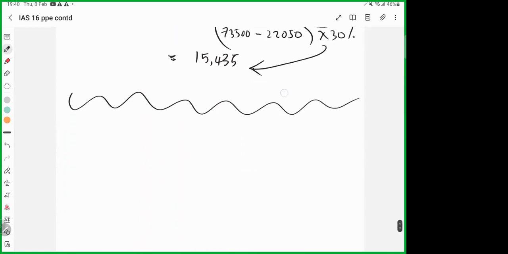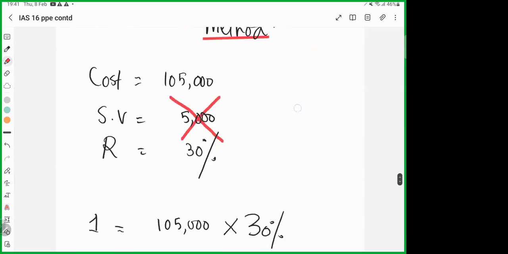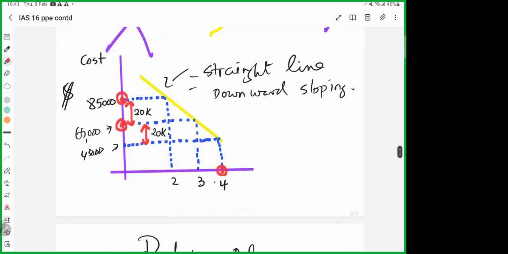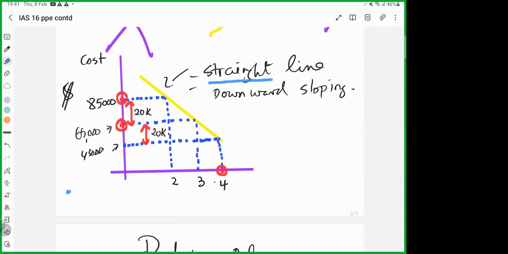So now, sir, we talk about the diagram. In a straight line method, if you see, we said that it is a straight line.